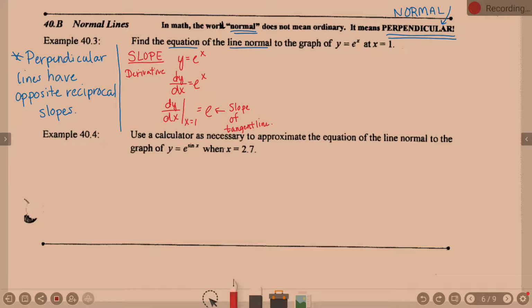What slope do we need to use? The slope of the normal line. So what is the normal slope going to be? Negative of 1 over e.